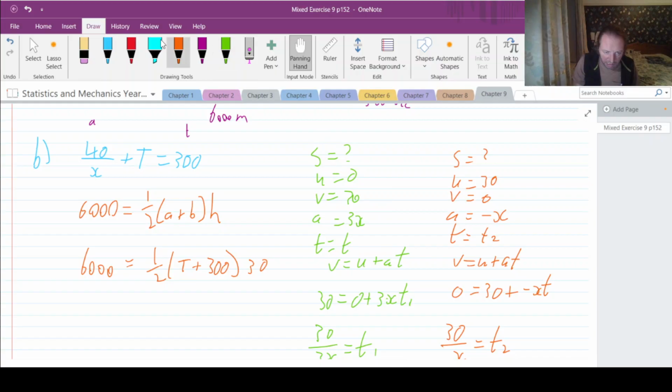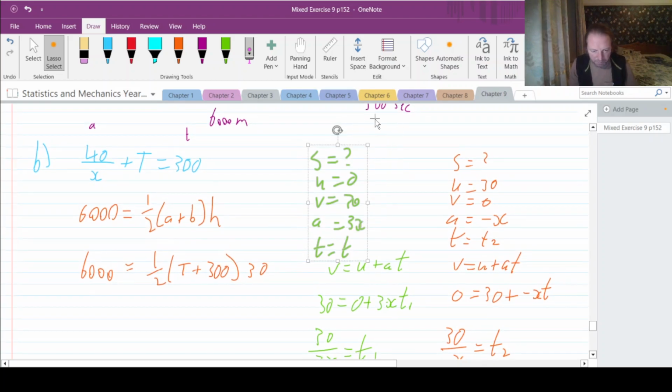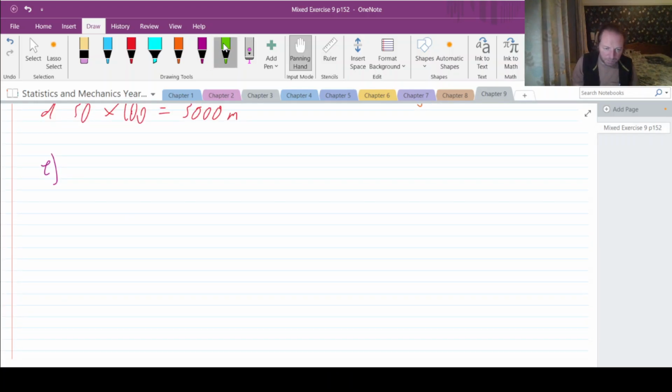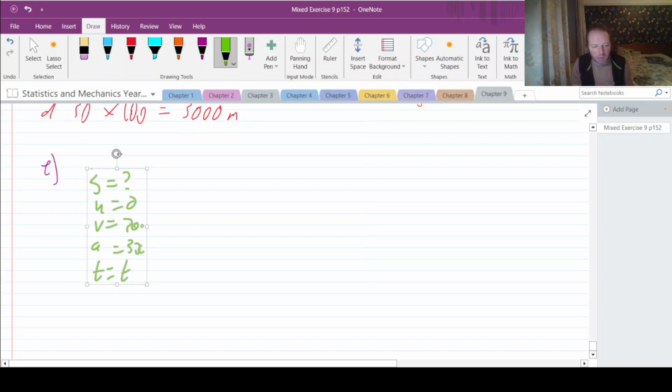So let's just take that entire SUVAT statement there and bring it to our working area. We've just said that we're going to use v squared equals u squared plus 2as.